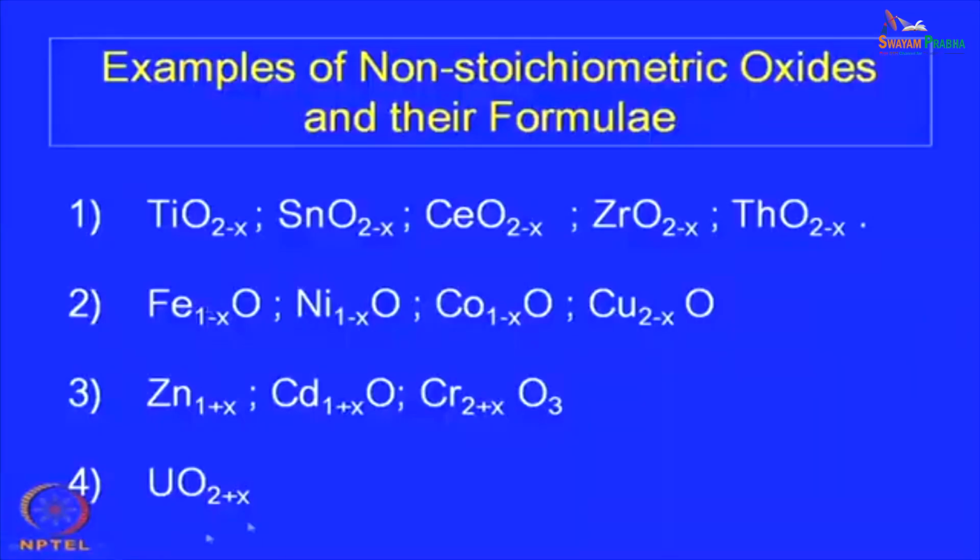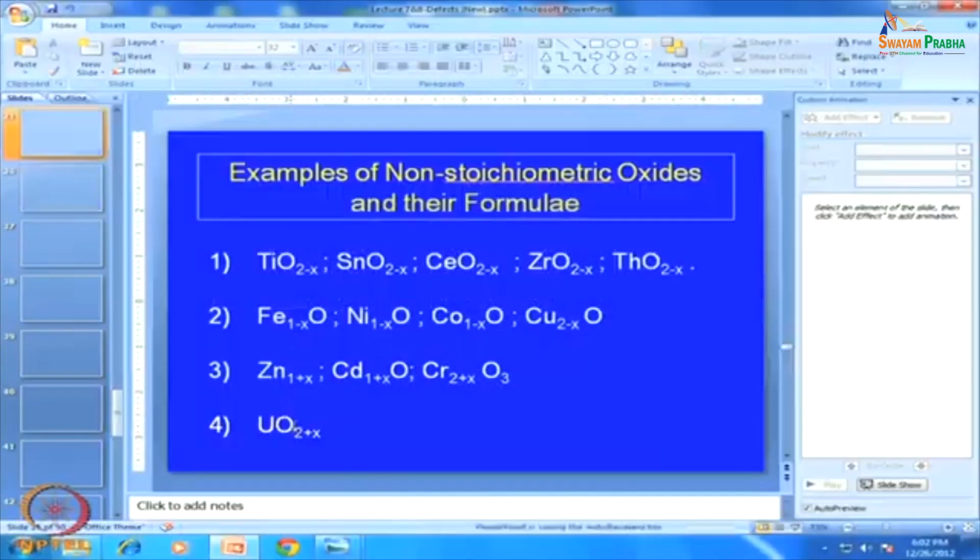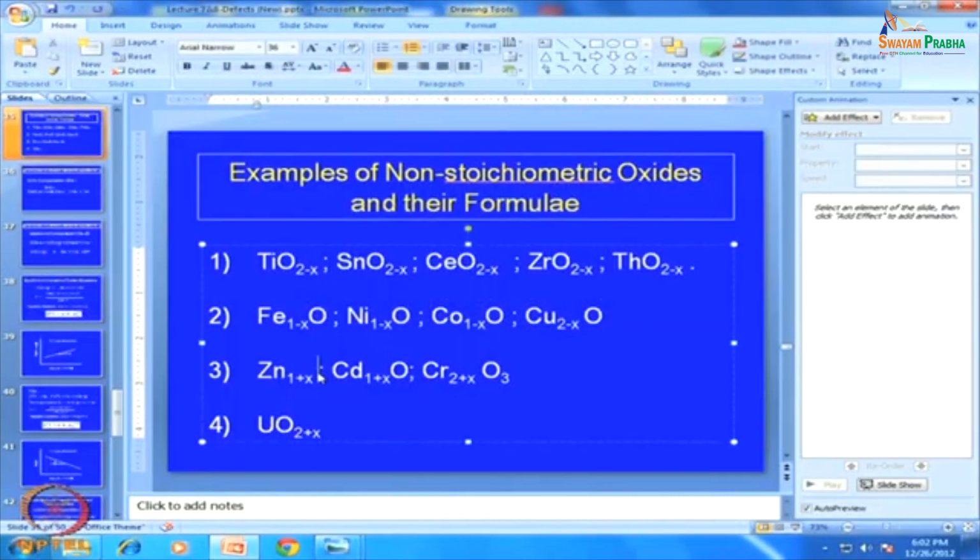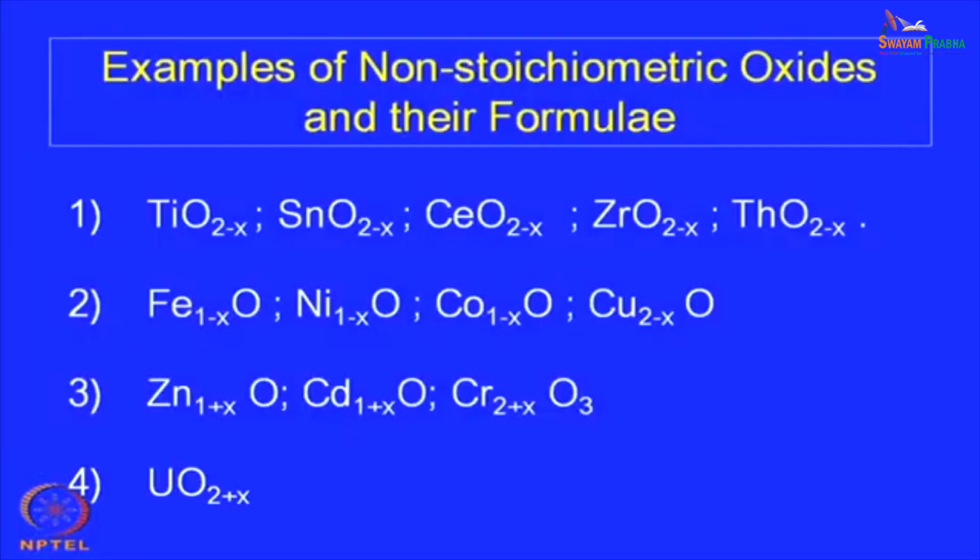So, next one is Zn 1 plus X O. ZnO, CdO, cadmium oxide, chromium oxide, all of them are written as 1 plus X, which means there is a metal interstitial.